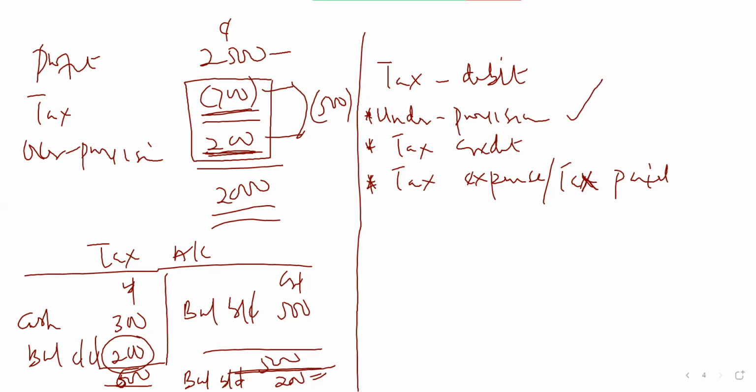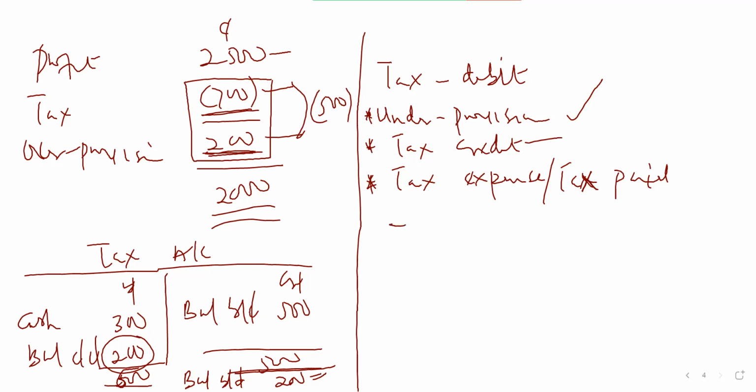Mostly if you're doing final accounts, the question will say that the tax figure over there represents under or over provision for the previous year, or for the year, they'll put the year there. If nothing is said like that, that can also be a tax credit, which is an asset, or it can be tax expense or tax paid for the year.